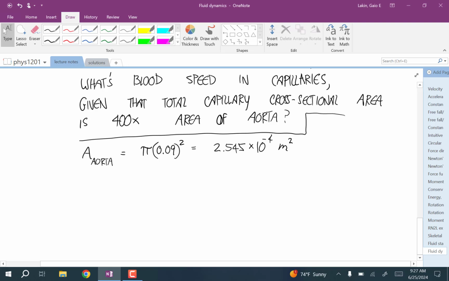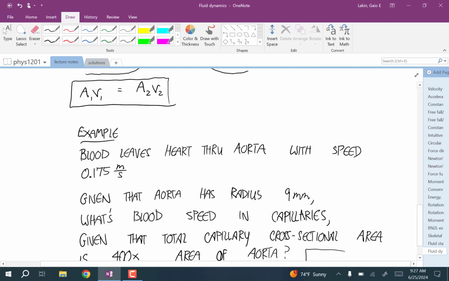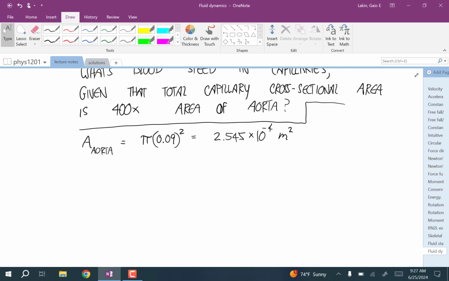And so now I'm going to use the continuity equation at the aorta. So we have the area, 2.545 times 10 to the minus fourth, times the speed of 0.175.